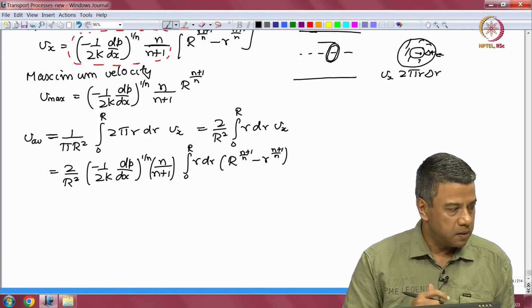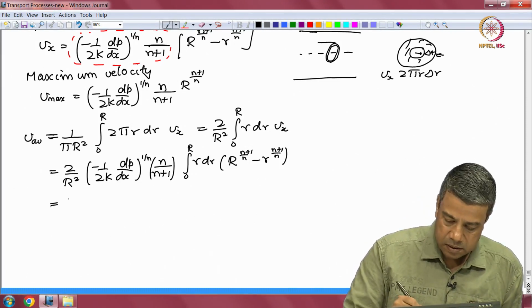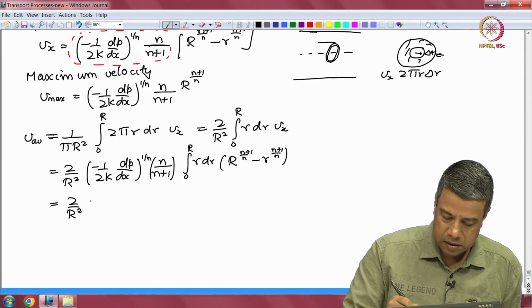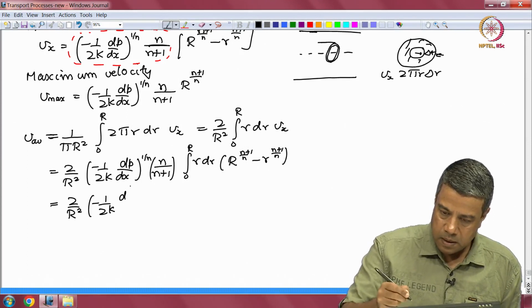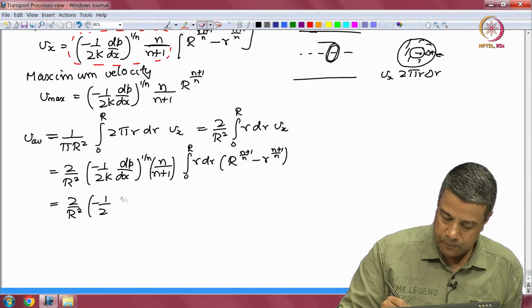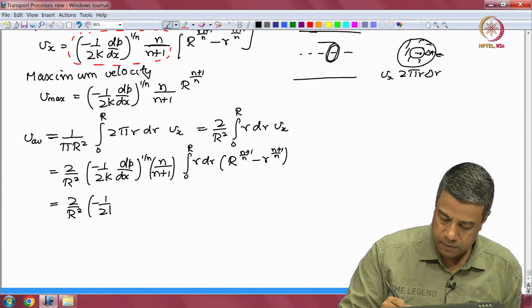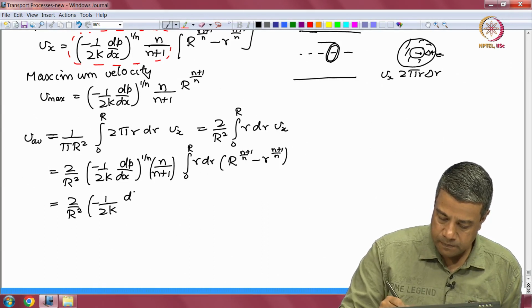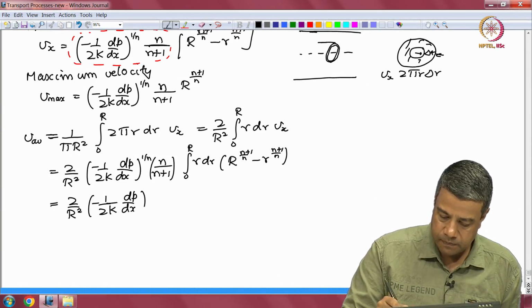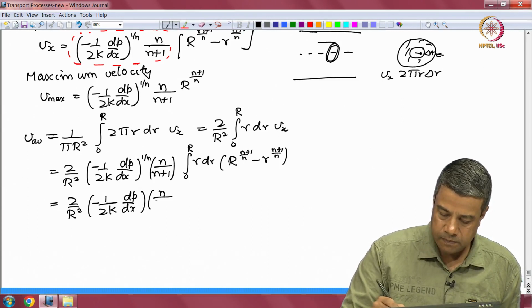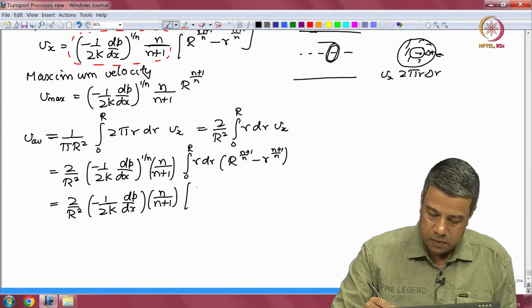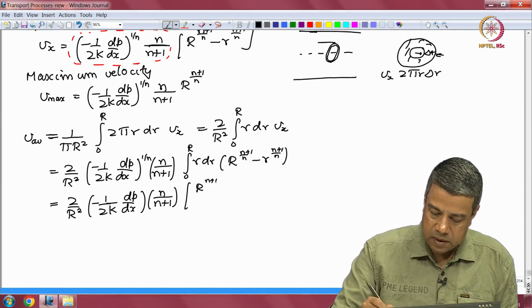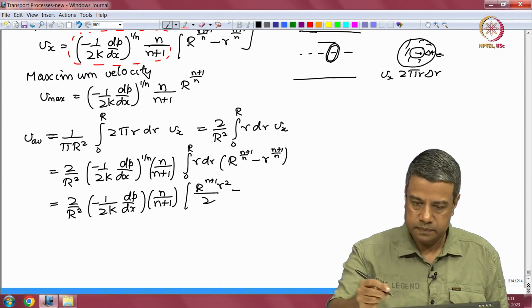And when I do this integral, you will get 2 by r square into minus 1 by 2k into r power n plus 1, r square by 2 minus.